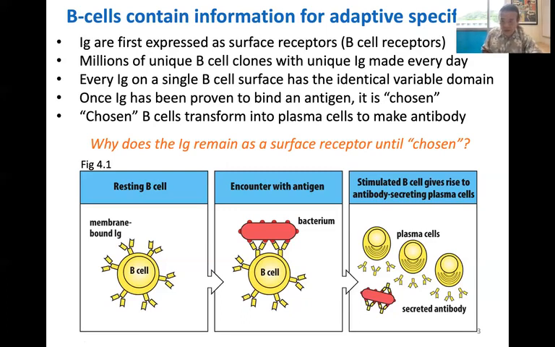You might say, that makes more sense to me, because then you have a bigger chance of the bacteria being covered. But that's not how it works, and there's an important reason why. Why does the Ig remain as a surface receptor until this process of being chosen happens? To illustrate this, here's kind of an analogy.